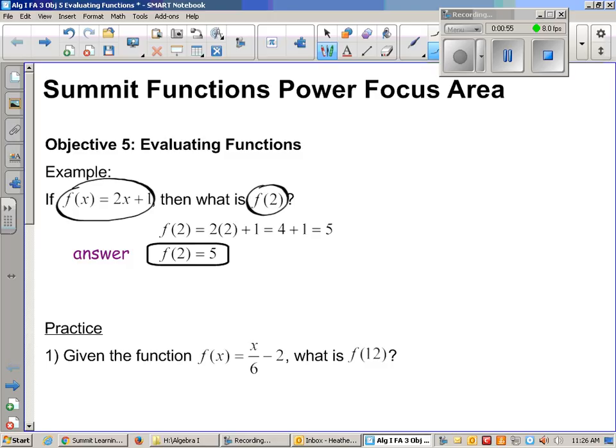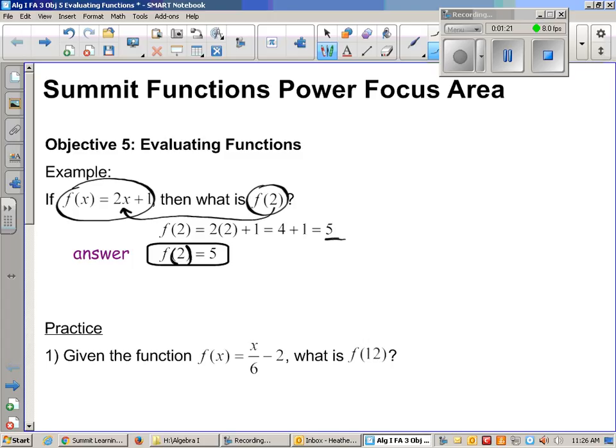I have f of 2 equals 2 parentheses 2 plus 1, and then simplifying. So basically what's happened is if we want to find f of 2, we take 2 and we replace x with that number and work it out. And at the end, 5 was my answer, so I say f parentheses 2 equals 5.